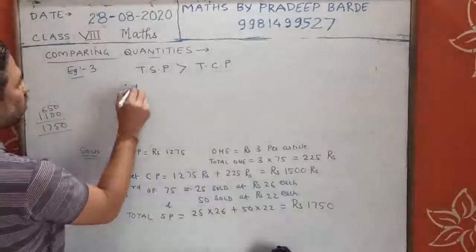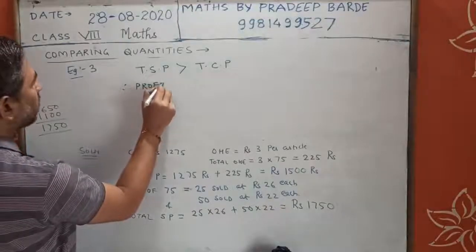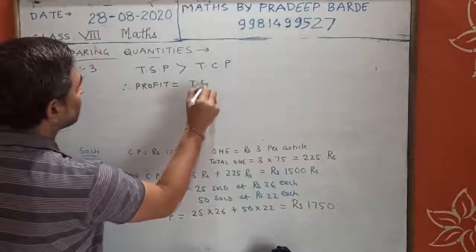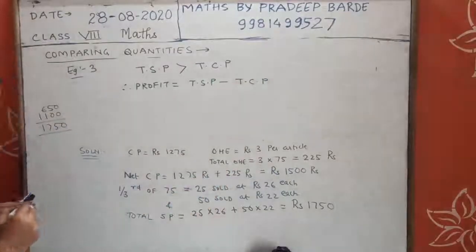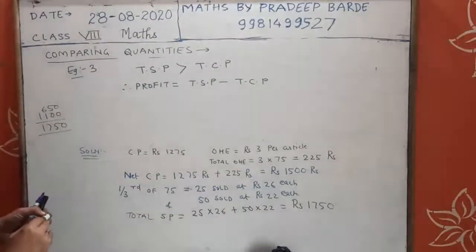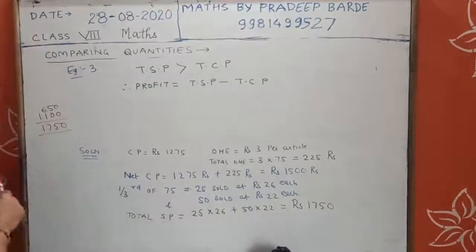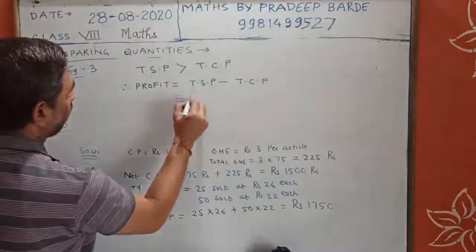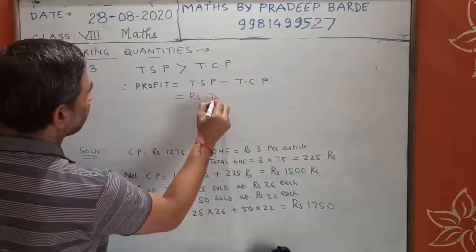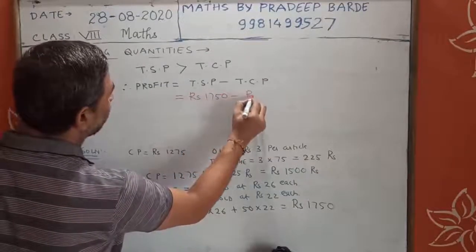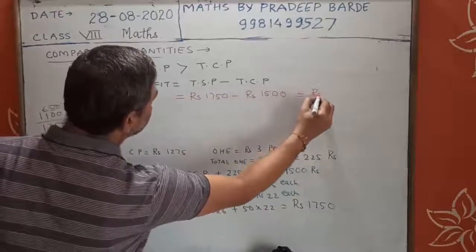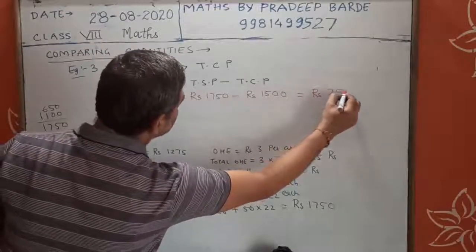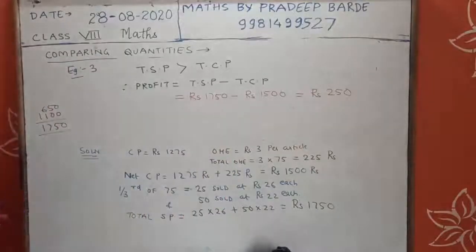Therefore, profit is equal to total selling price minus total cost price. That is rupees 1750 minus rupees 1500, which is equal to 250 rupees.